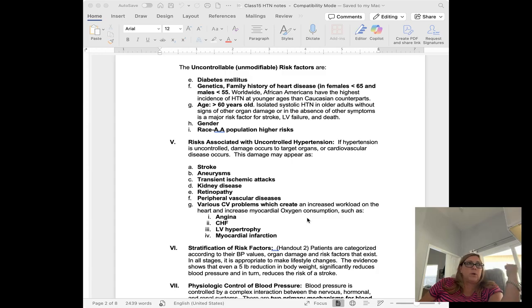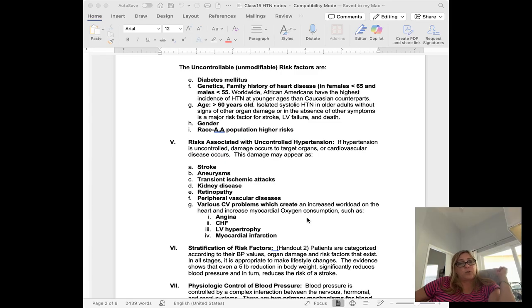But remember, the more resistance the left ventricle has to go against in diastole, we want a low number in diastole, because that's when the left ventricle is relaxing, the aortic valve is closed, and that's when those coronary arteries are perfusing. So we're going to have an issue with angina or chest pain.